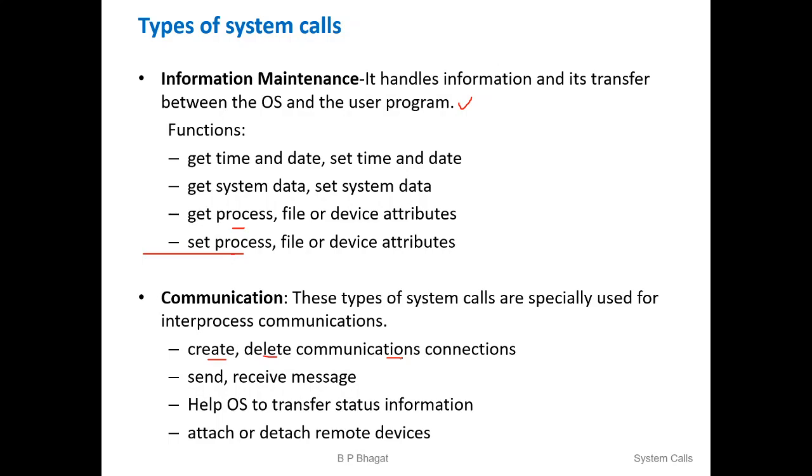Because once the communication connection is established, only then will we be able to transmit the data or messages from one process to another or from one system to another.